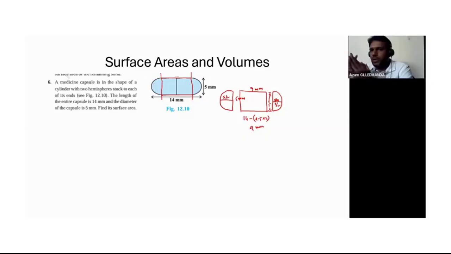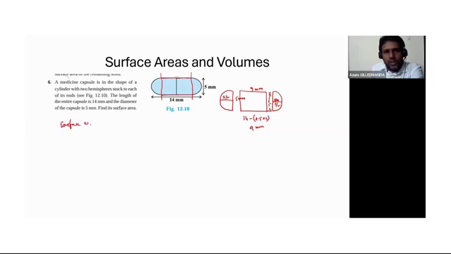We know the formula for the surface area of hemisphere, plus we know the surface area for the cylinder. Here it is all curved surface area, because it's a joint shape. I have split that, but it was a joint shape. So for cylinder, we just need to consider the curved surface area.